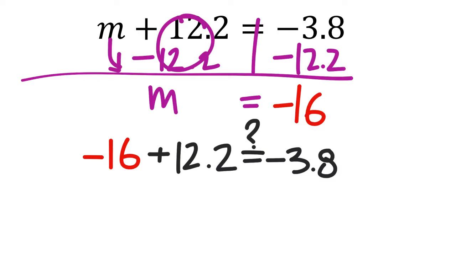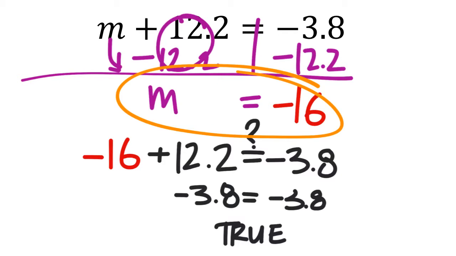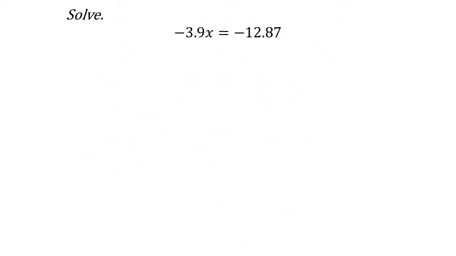Negative 16 plus 12.2. And if we did it right, it should come out as negative 3.8. It does. So I know that negative 3.8 is actually equal to negative 3.8. That is true. And now I know with confidence that m equals negative 16 is a solution to this equation.